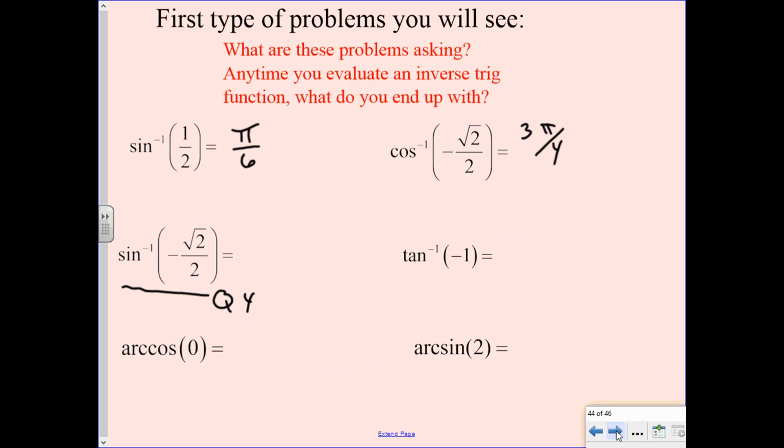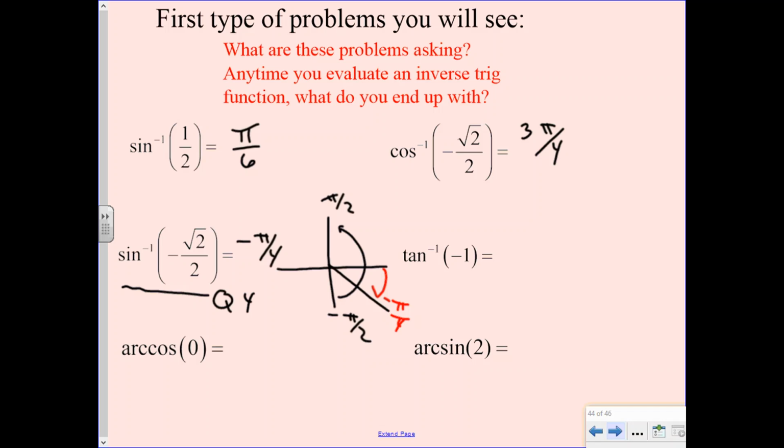So if you think about it in that way, and I'm going to do a quick little sketch from negative pi over 2 all the way up to pi over 2, all of a sudden, this same angle that would normally be 7 pi over 4, we have to think about it in terms of going in the negative direction. So what is that going to be? It's going to be negative pi over 4, and that will be the answer to this question. So negative pi over 4. Okay?